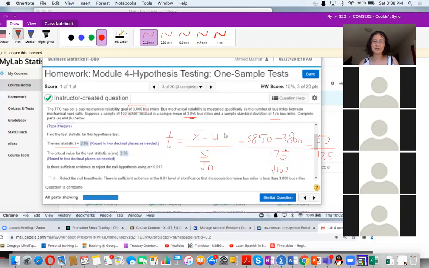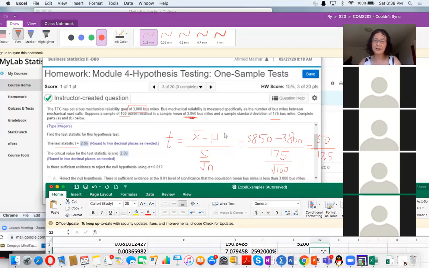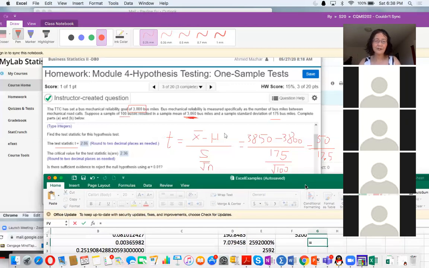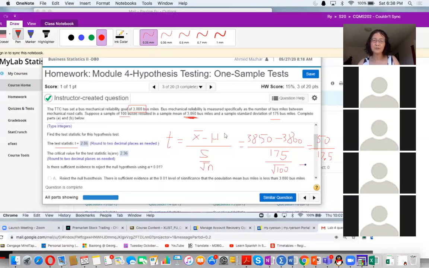So I'm going to use Excel to quickly do that number. 50 divided by 17.5, I got 2.857. So that is the first question I get. How do I calculate the test statistic?